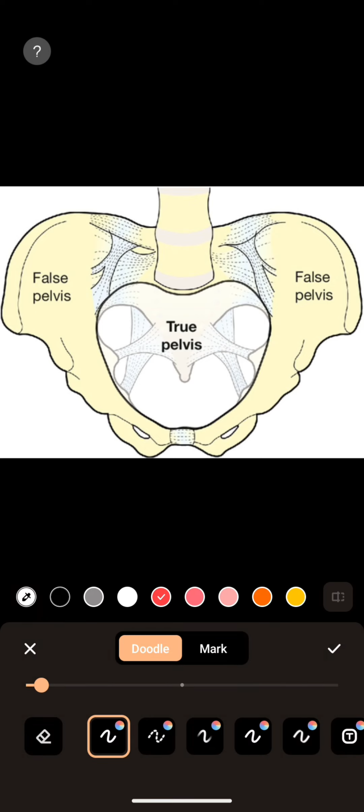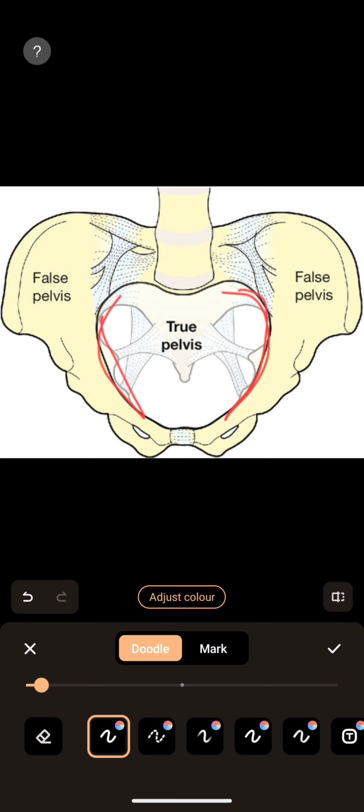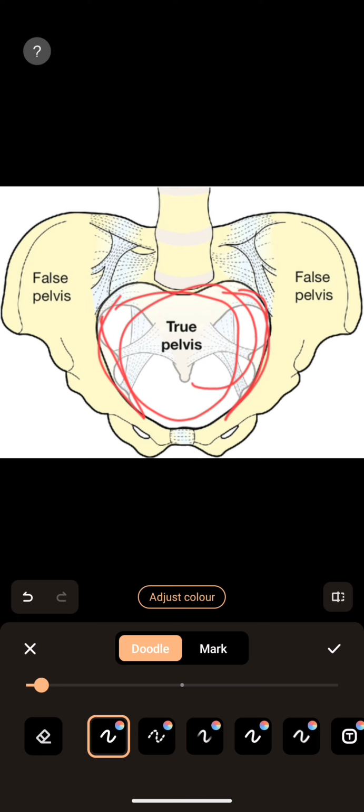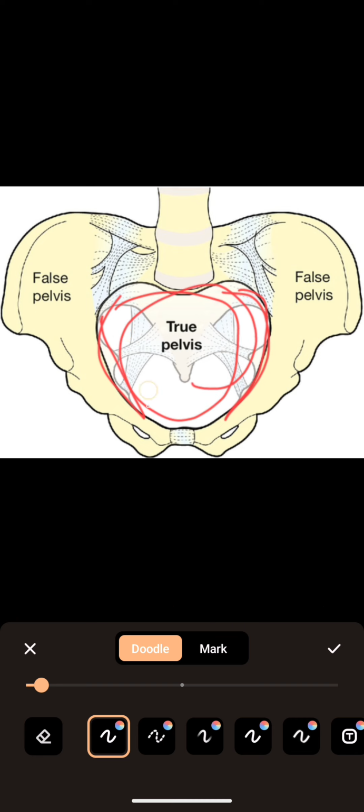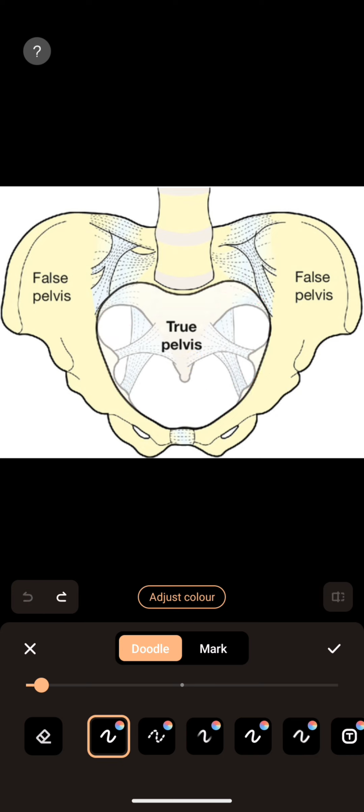I will show you. This is the brim, and this one is the cavity, and the outlet is the inferior end portion of it. So these are the three parts in true pelvis.